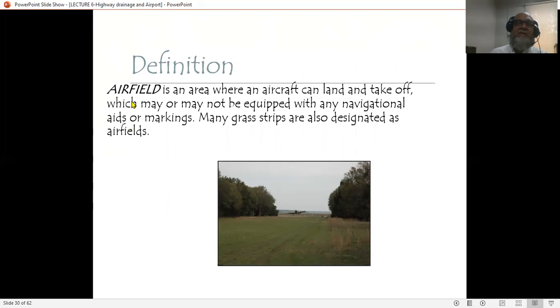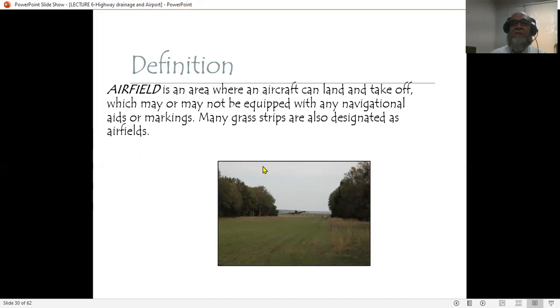An airfield or a runway is an area where an aircraft can land and take off, which may or may not be equipped with any navigational aids like markings or all those lights you see on a normal runway. And many grass strips are also designated as airfields, but this is for smaller aircraft.